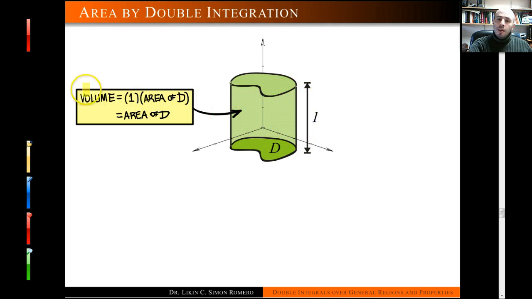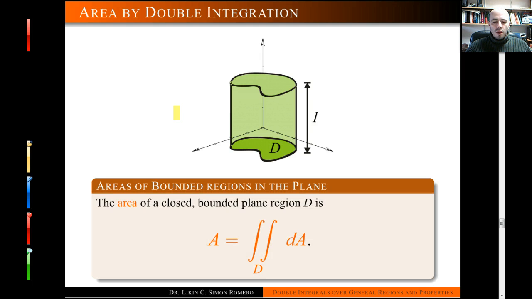At the same time, the volume can be computed in this particular case as the area of the base times the height. The height is 1 and the area of the base is the area of D, so the area of D is equal to the volume. So in other words, you can compute the area of a closed bounded plane region D as the double integral of the function 1 dA.